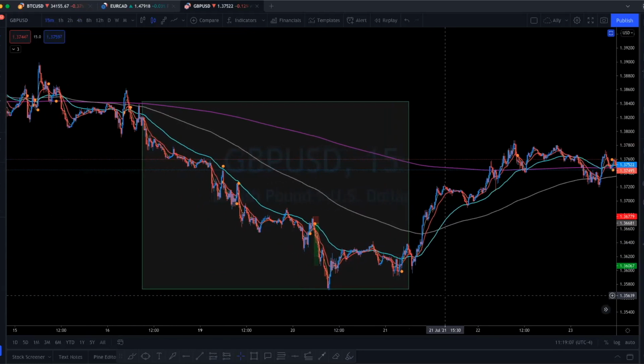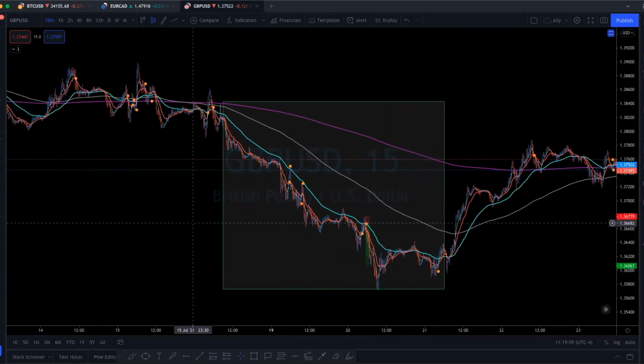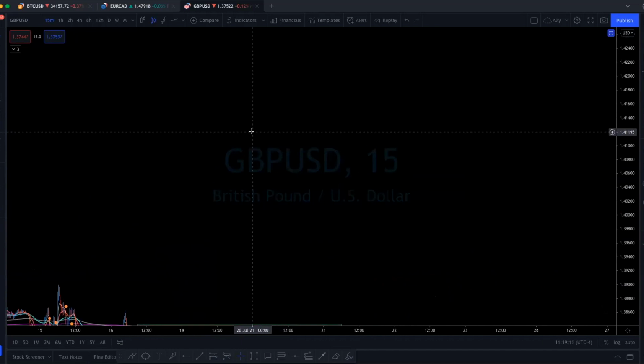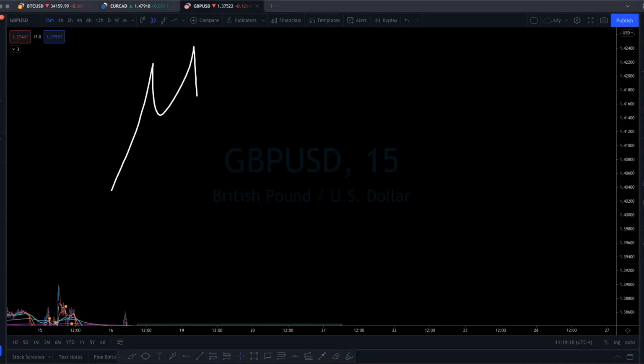doesn't mean that you're not going to get buy setups that happen. Because what do you think happens when we look at a cycle? When we look at a cycle like this, right, the EMAs are going to look like this.